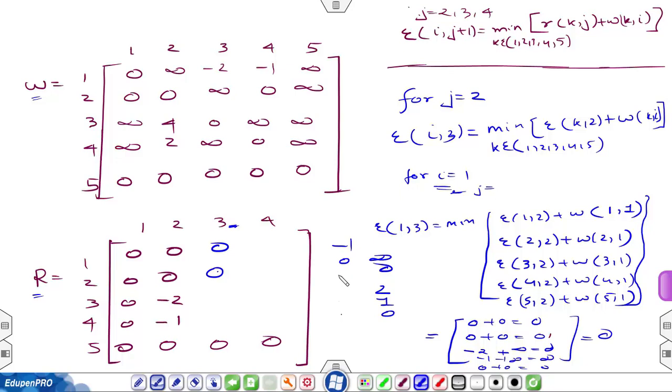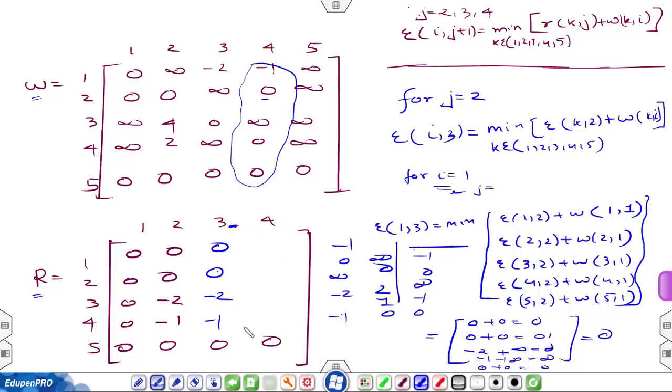Infinite, whenever it is infinite, the answer will be always infinite. 0 minus 2 gives minus 2, and 0 minus 1 gives minus 1. So minimum is minus 2. Okay, directly you can write without expanding this term exhaustively. When you calculate for column 4, the answer will be the same, 0 0 minus 2 minus 1.